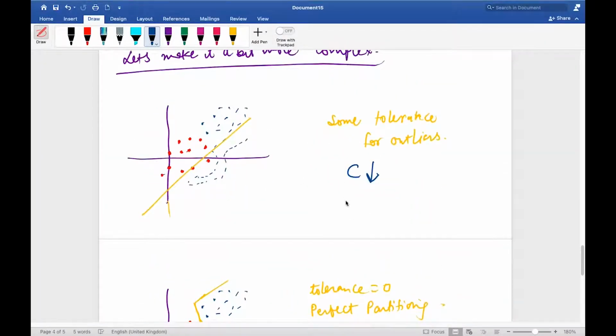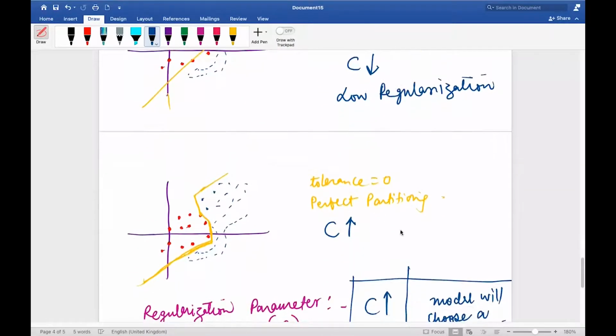You can say that this is low regularization, and this is an example of high regularization. If someone asks what difference you will see if I keep increasing the value of C, this is how you have to imagine it. Even though it is not letting any misclassification happen, it is kind of overfitting, if you see.